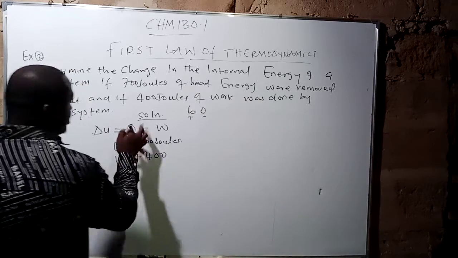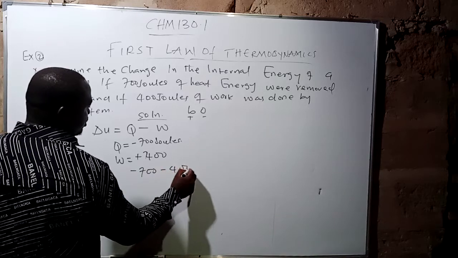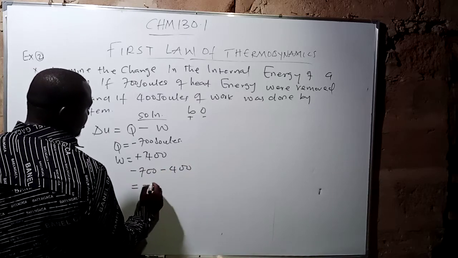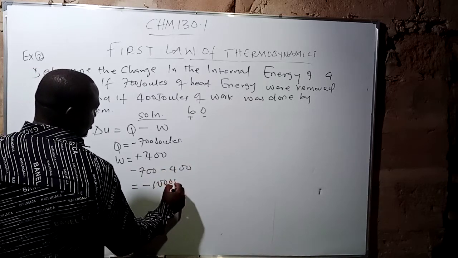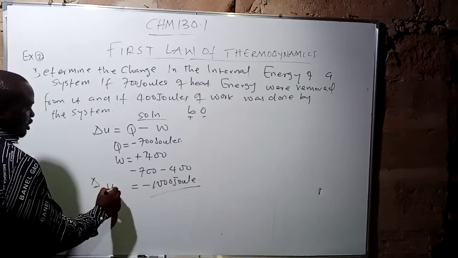So putting it into this formula, we have minus 700 minus 400. That should give you minus 1000 joules. Now, this is the change in internal energy.